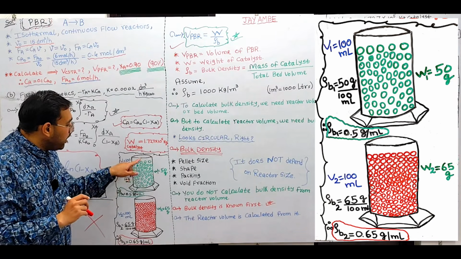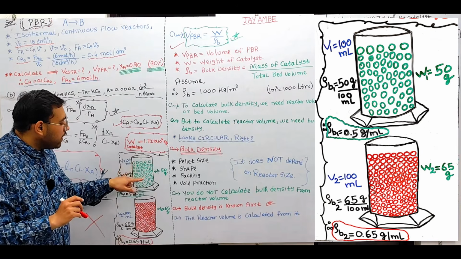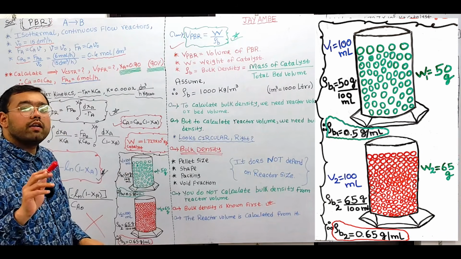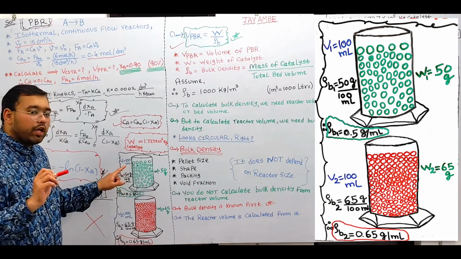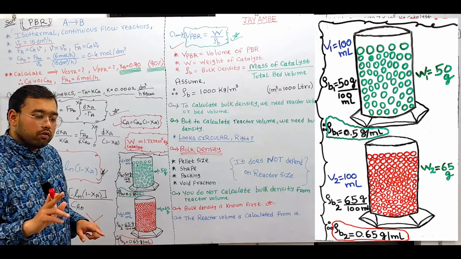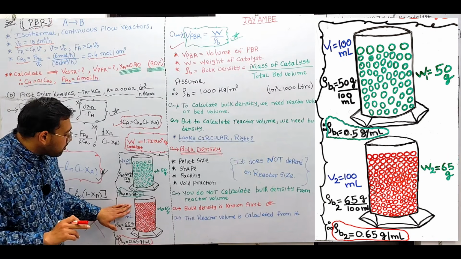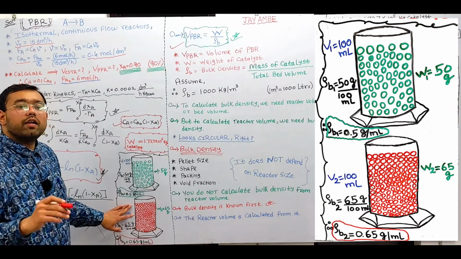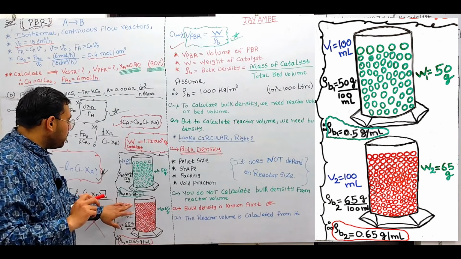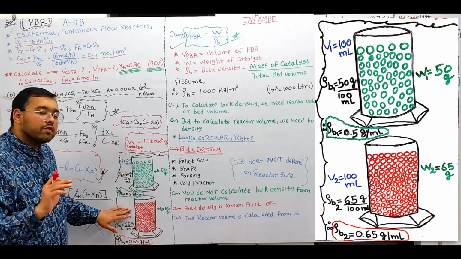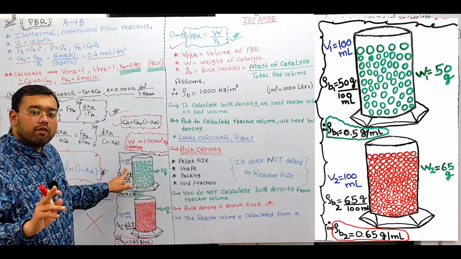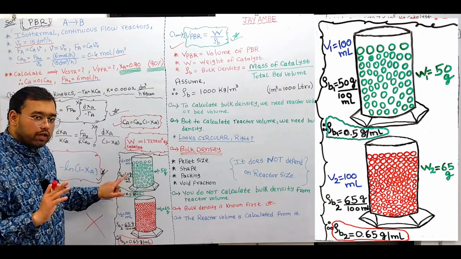The green circles represent the green spherical catalyst, with the same particle size, the same shape and size. In the second case also we are using the same spherical catalyst with the same shape and size. So in both cases we are using the same spherical catalyst and the same 100 ml measuring cylinder. Remember this.